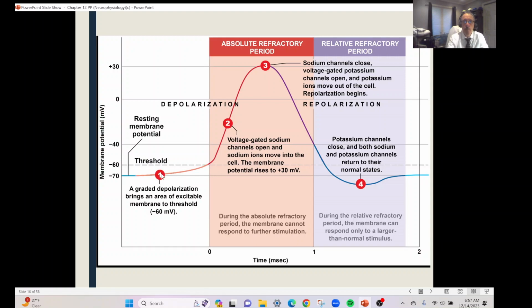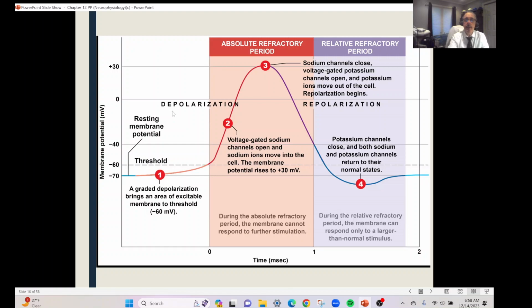If the inside becomes positive enough that we get to minus 55, at that point, sodium gated channels open up in mass, and tens of thousands of sodium ions flood to the inside of the cell. As sodium floods in, the curve quickly jumps up like this, all the way to plus 30. This upward swing here is the depolarization.